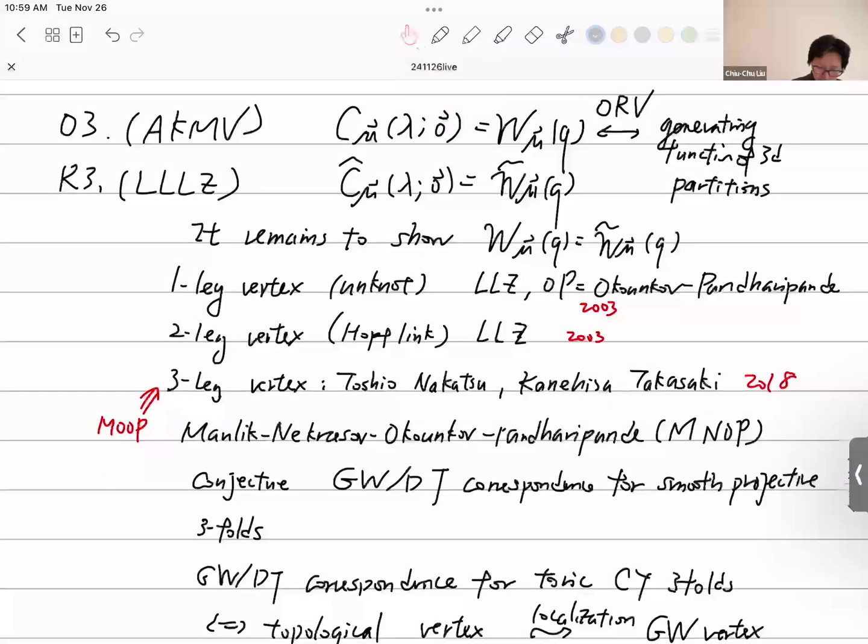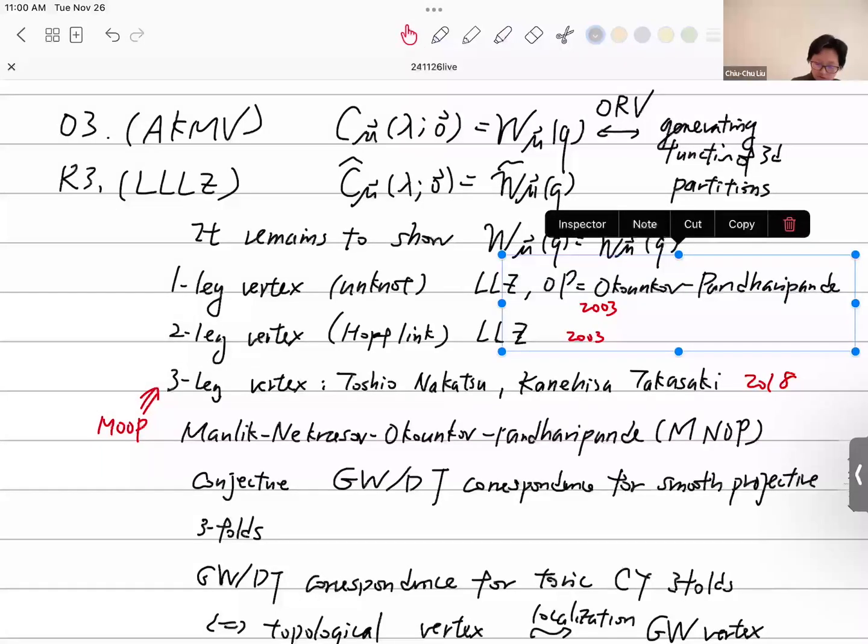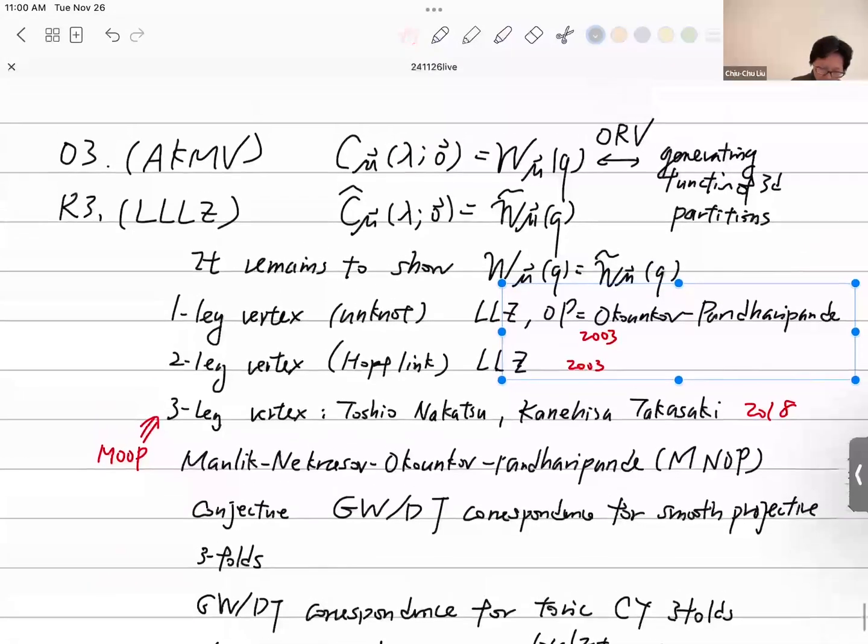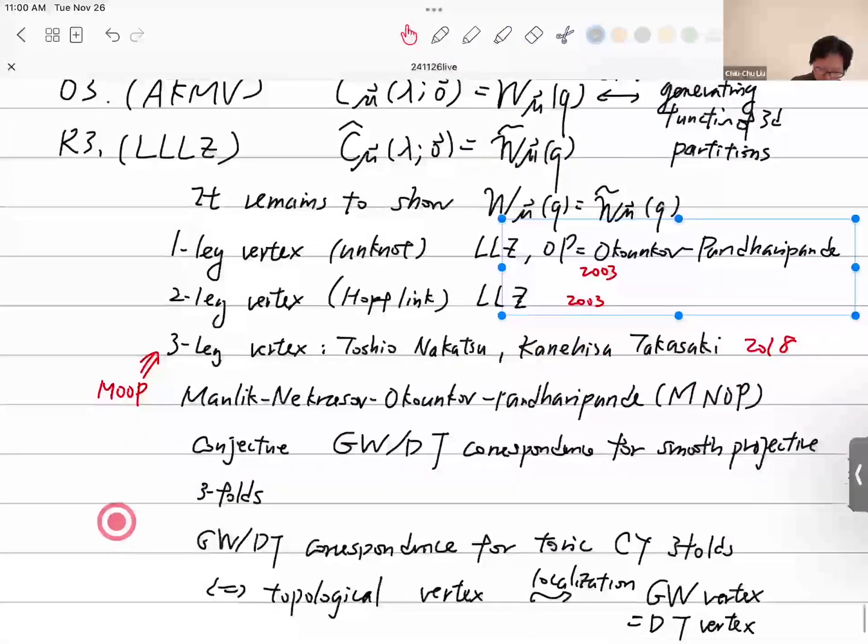Then we showed the case when two of the partitions are non-empty. The one-leg case corresponds to the unknot on the chain segment, and the two-leg case corresponds to the half link of the chain segment. The unknot case has another proof by Okounkov and Pandharipande. Now you see this is like 21 years ago, but we could not show the 3-leg case.